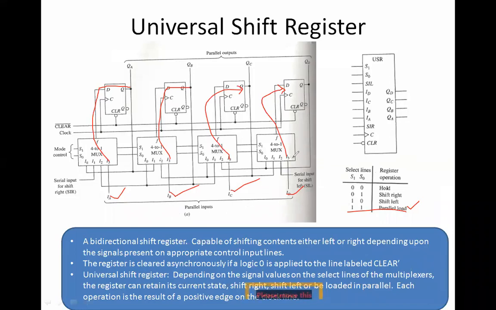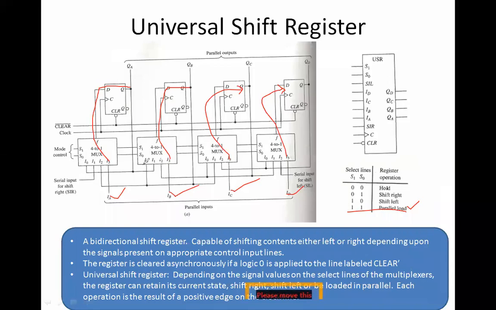What you can do is take it step by step. You first draw the D flip-flops, then take QA, QB, QC, and QD. Once this is drawn, you can take the reset line, then the clock line, and then a 4 mux, 2 select lines, 4 input lines for all the 4 muxes, with the output of the first mux connected to the input of your D flip-flop, and similarly the second, third, and fourth.